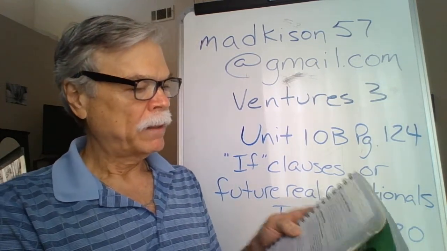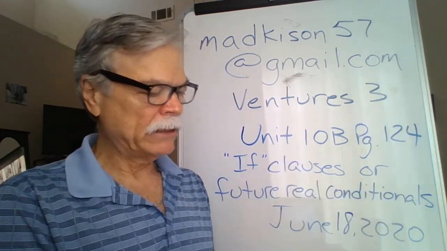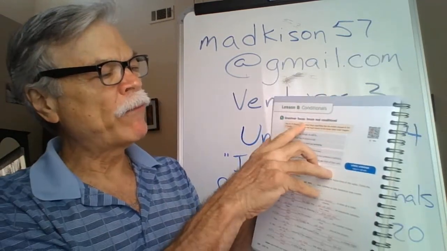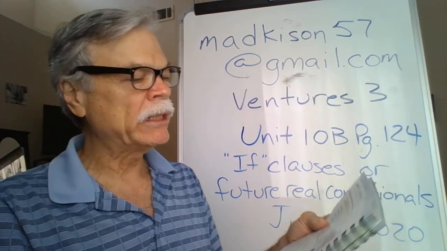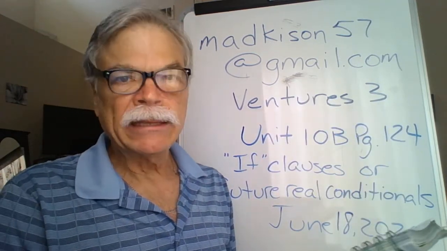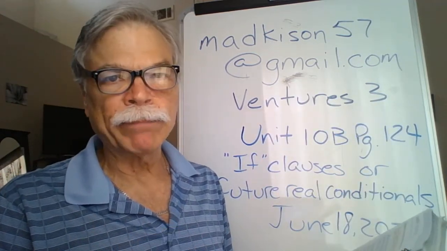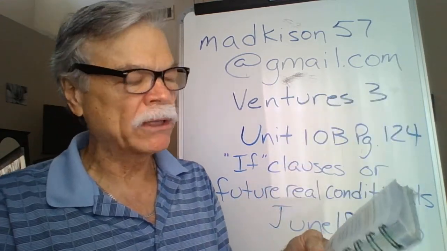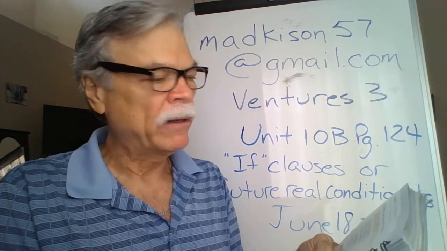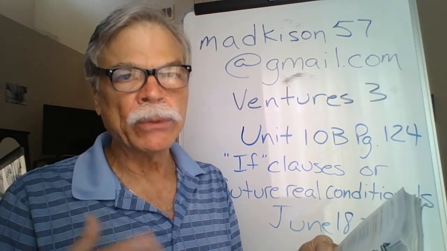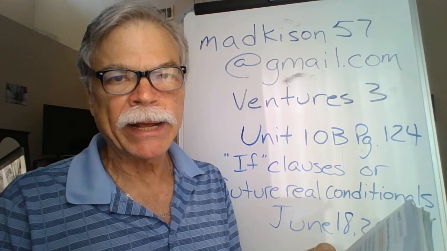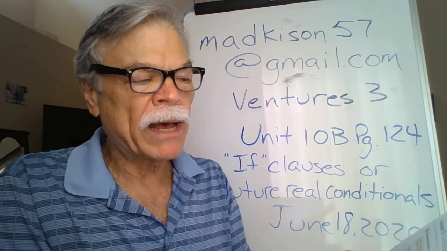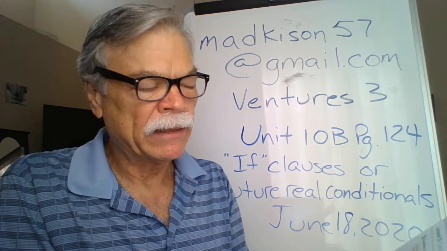Now, what I'd like to do is look on page 124. The grammar focus says future real conditionals. This tells you exactly what I've just explained, but it's in writing here on page 124, so you can go back and read it and make sure that you understand it if you didn't understand my explanation. It says, use an if clause to talk about future possibility.